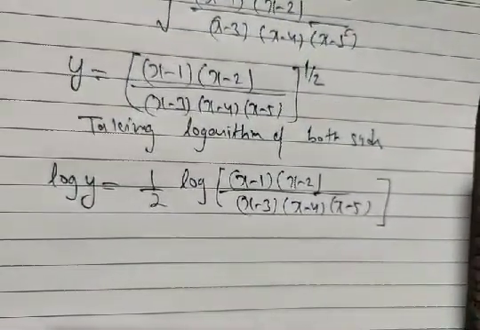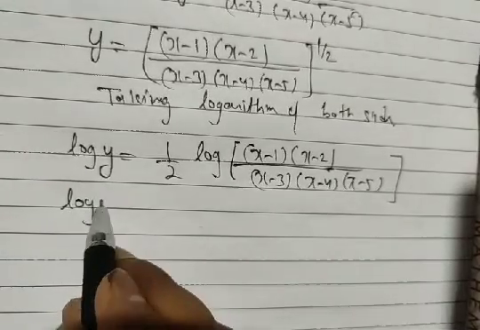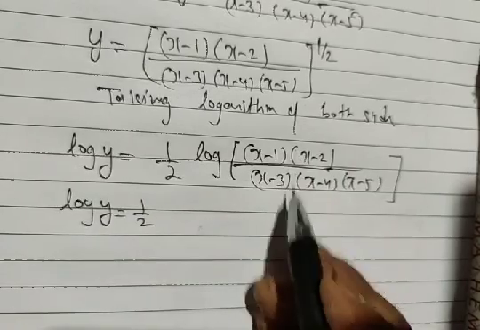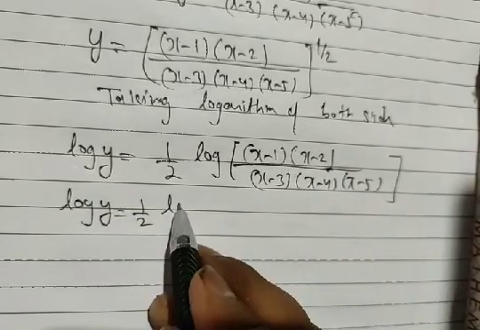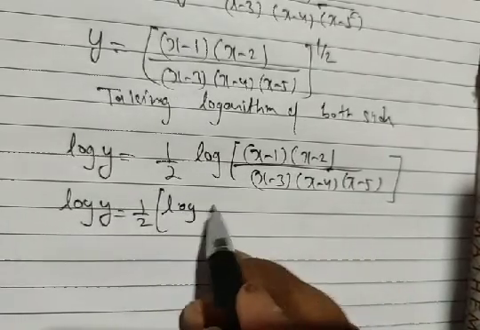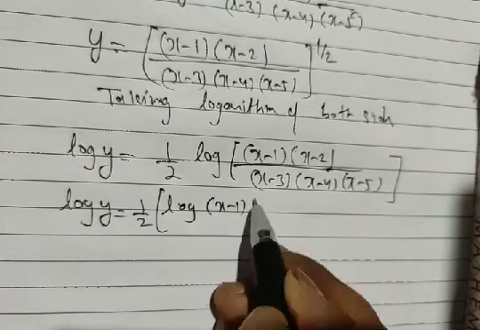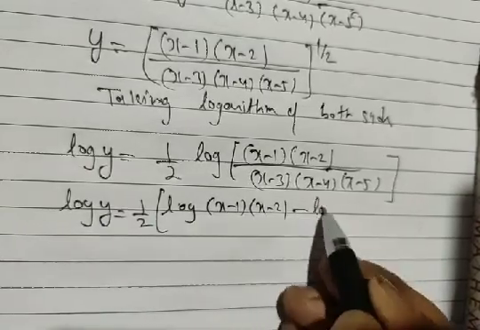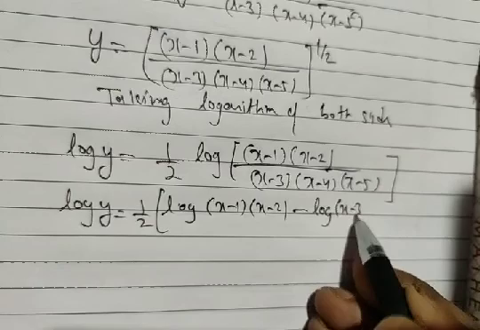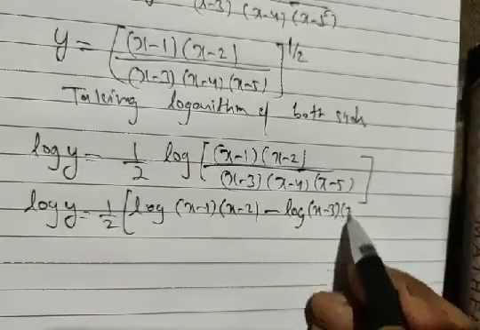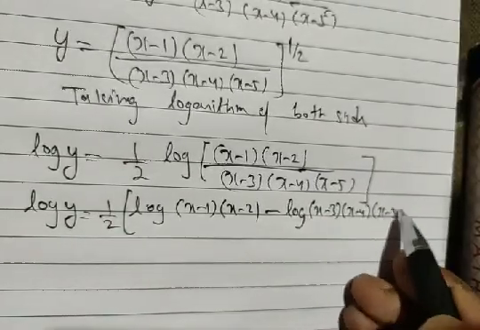So log y equals 1 by 2 times [log (x minus 1)(x minus 2) minus log (x minus 3)(x minus 4)(x minus 5)].